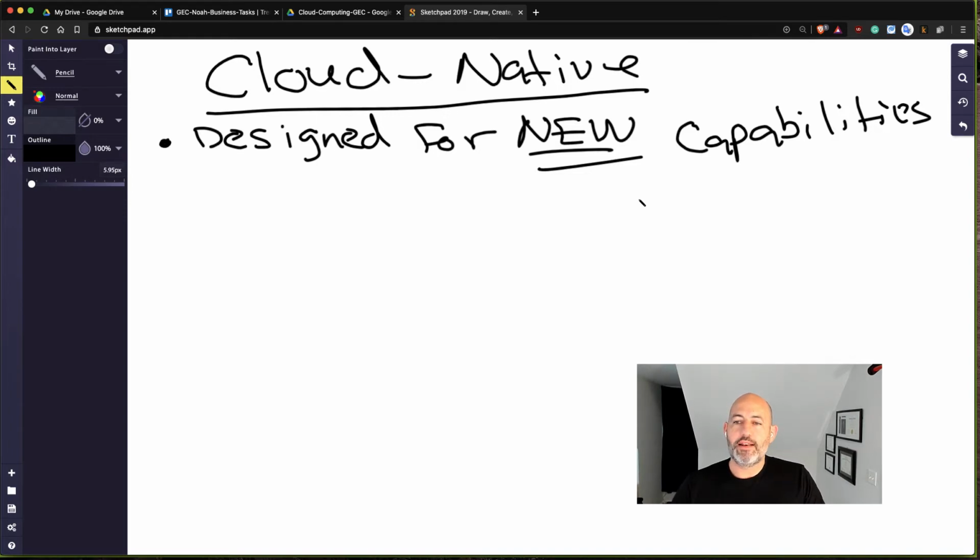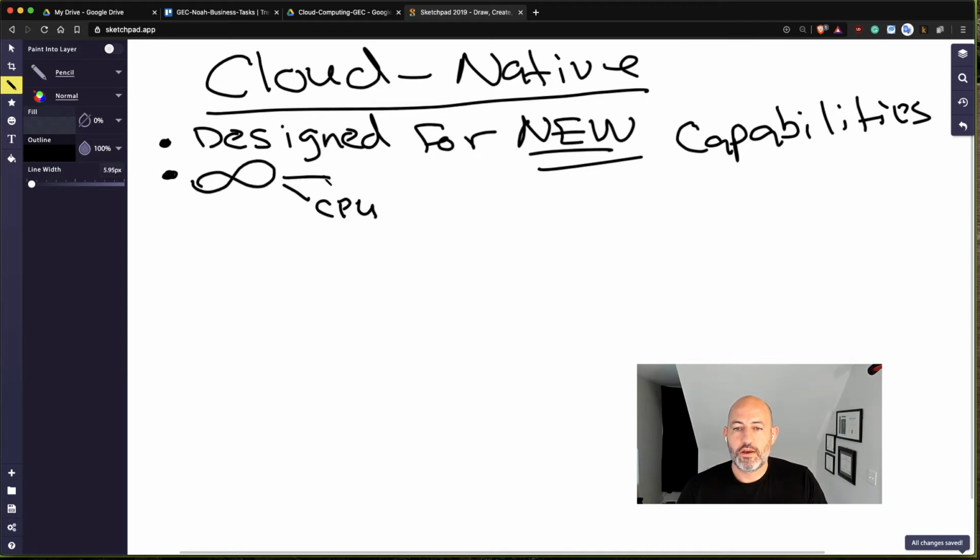But with cloud native, you're designing systems that use capabilities the cloud offers that didn't exist before. And we know that one of those capabilities is infinite capacity: infinite CPU, infinite storage, network, things like that.